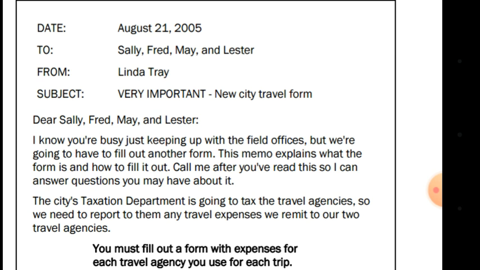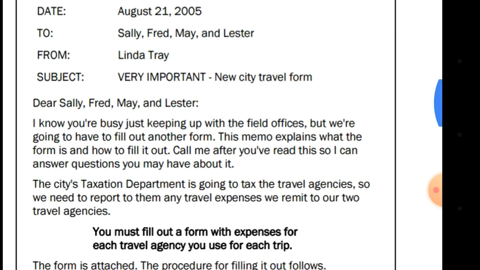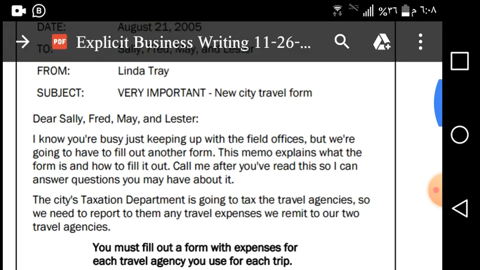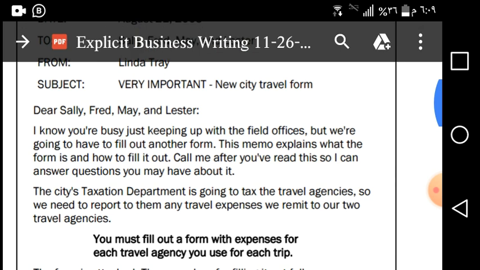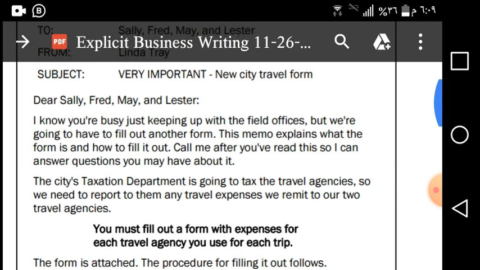The writer greets the readers with Dear Sally, Fred, May, and Lester. So the writer addresses the individuals by names rather than by team, to personalize the message and the relationship. And he started with this: I know you're busy just keeping up with the field offices, but we're going to have to fill out another form.